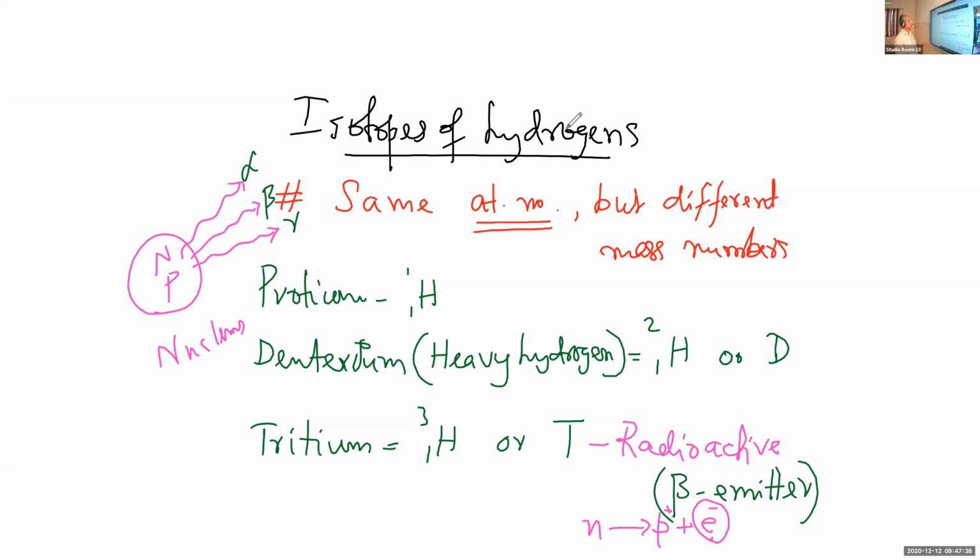So come back to the isotopes of hydrogen. They are protium H11, deuterium or heavy hydrogen H12 or D, and tritium H13 or a capital T. Among these, tritium is the radioactive isotope of hydrogen. It is a beta emitter.